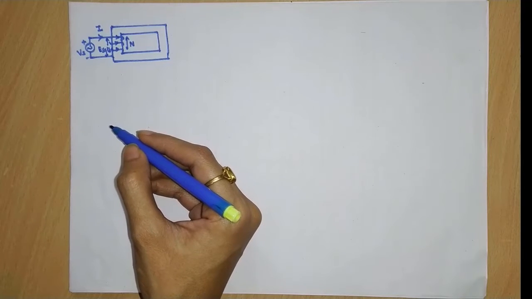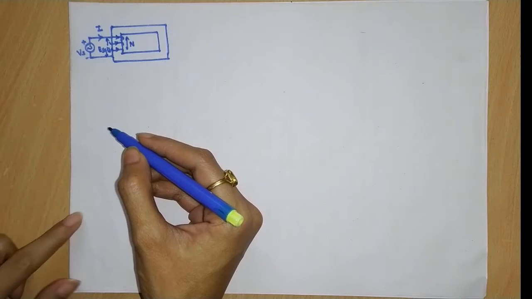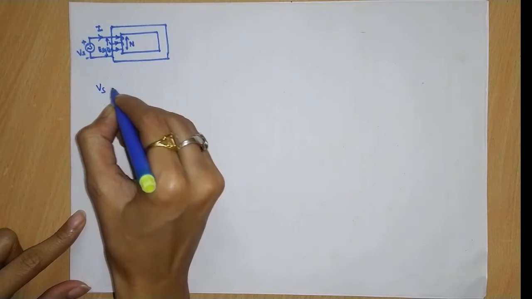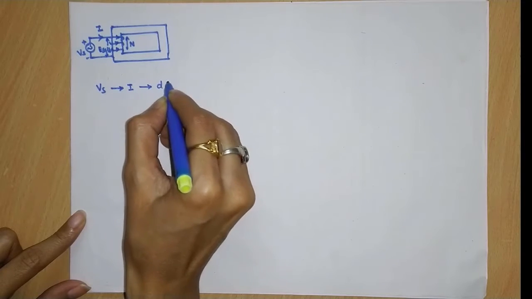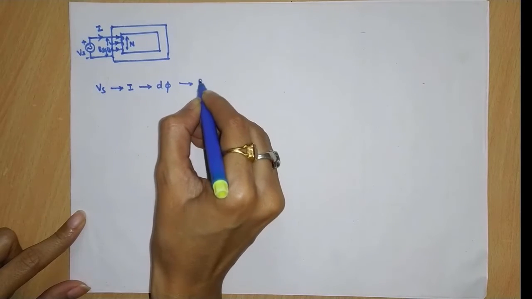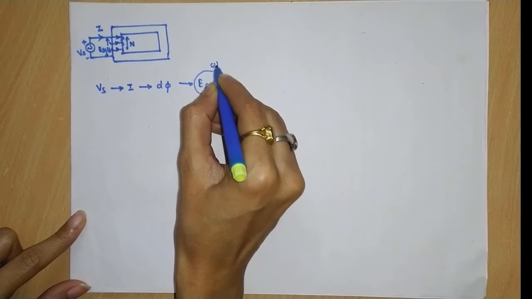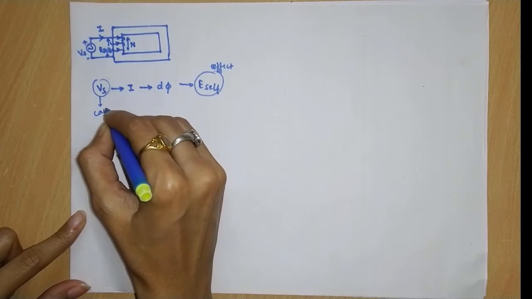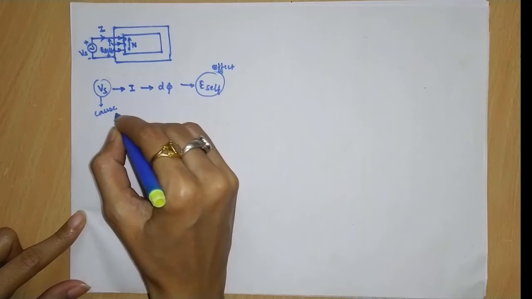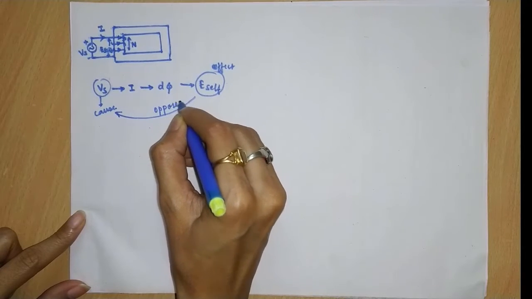This self EMF will be opposing the supply voltage because the supply voltage will produce current, that will produce the change in the flux, and this will produce the self EMF. Therefore, this is the effect, this is the cause. Hence, effect will always oppose the cause of its production.